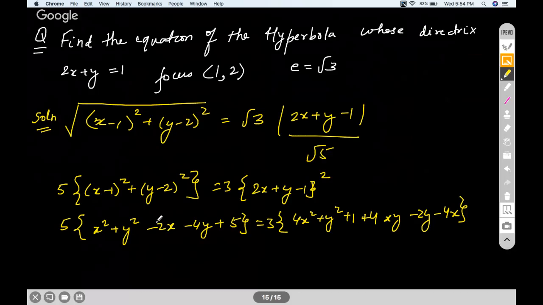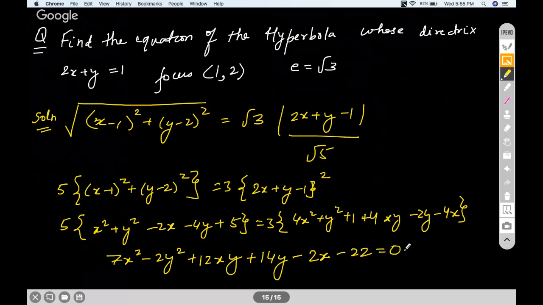Simplifying it will give you 7x square minus 2y square plus 12xy, plus 14y, and a minus of 12 and 10, which is minus 2x, and 25 minus 3 is minus 22, equal to 0. So this is the desired equation of the hyperbola.